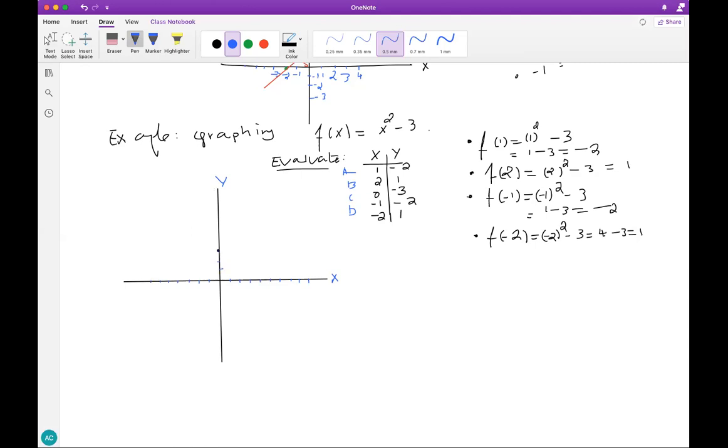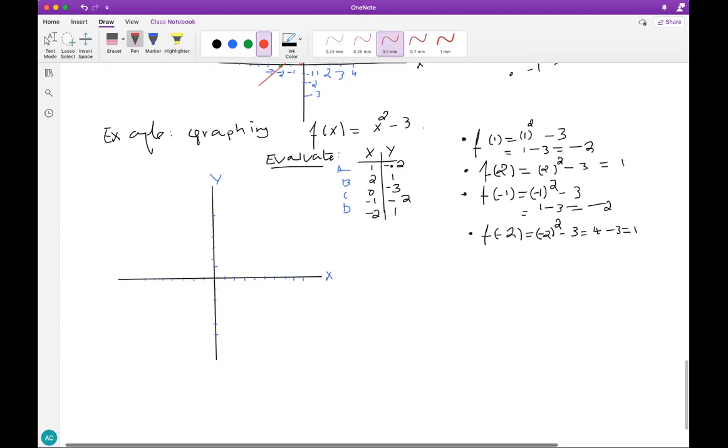So positive numbers here. And now we're going to plot our points. We have 5 of them. Start with this one, 1, -2. Where do you start? Where do you go to plot A?